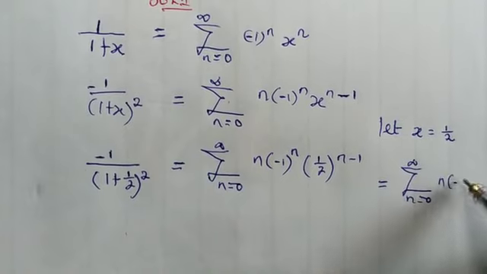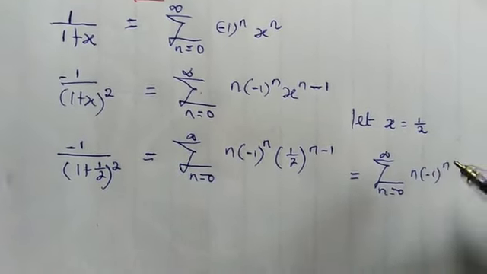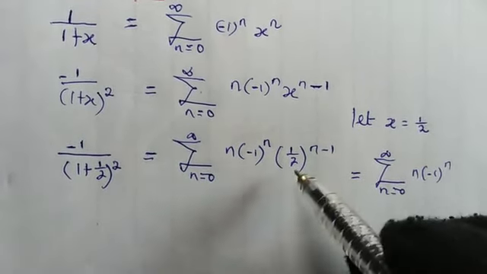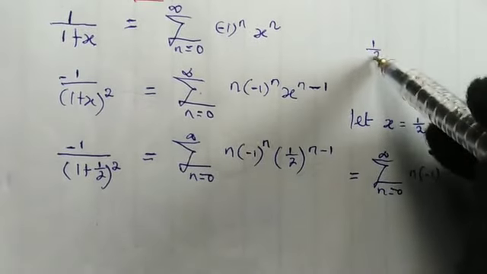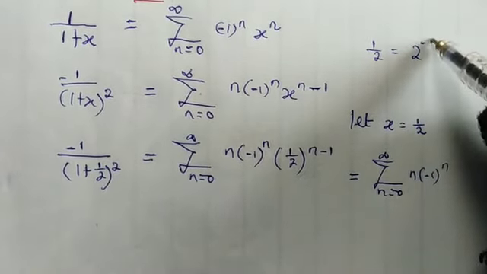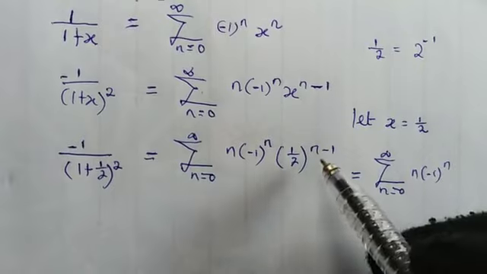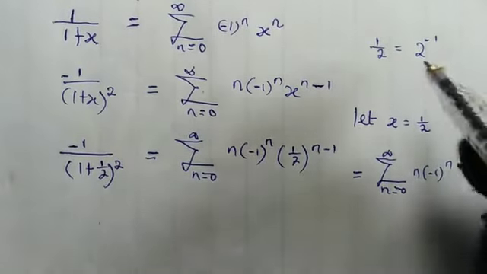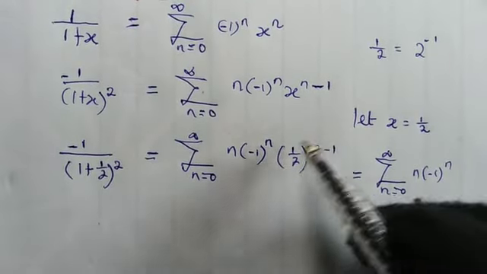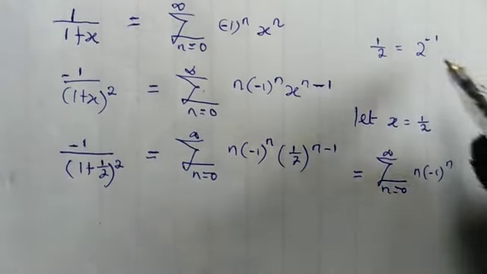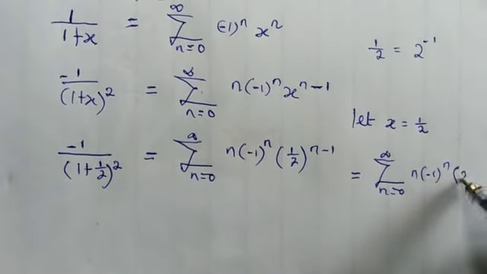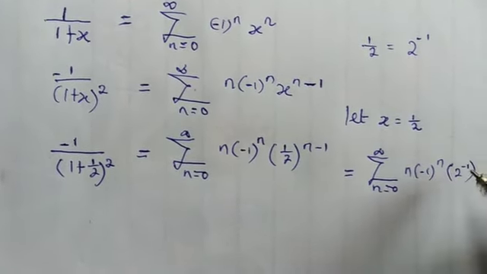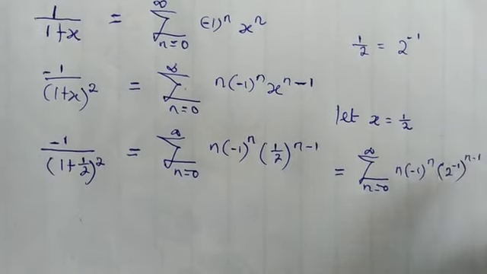Here we have n minus 1 as the power. 1 over 2 is the same as 2 raised to the power of negative 1. So we write 1 over 2 to the power of n minus 1 as 2 to the power of negative 1, raised to the power of n minus 1.